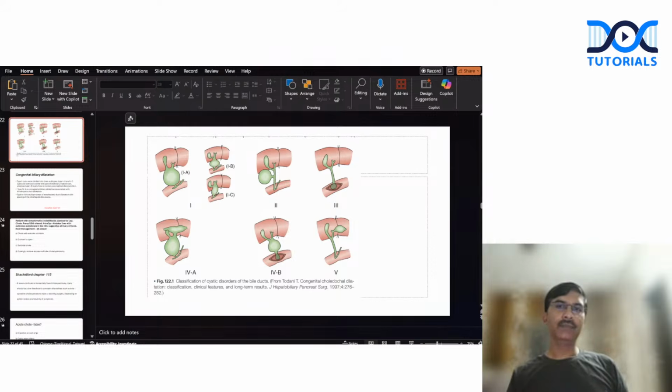And 1 day before the examination, go through all numericals or numbers, for example, some incidences, the mortality rate following a major resection, or what is the percentage of type 1 choledochal cyst, more than 70%. All those numbers will be difficult to retain for a long term, so just 1 day before is enough.